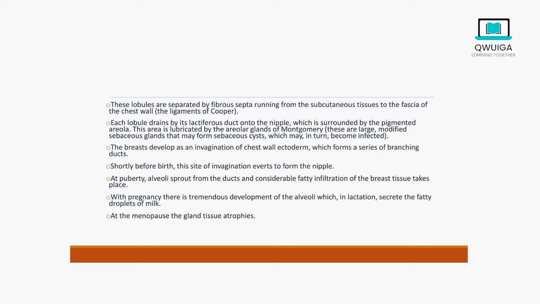This is where we see the breast become enlarged. With pregnancy, there is tremendous development of the alveoli, which in lactation secrete the fatty droplets of milk. At menopause, the alveoli, ducts and lobules atrophy, that is, they die off.